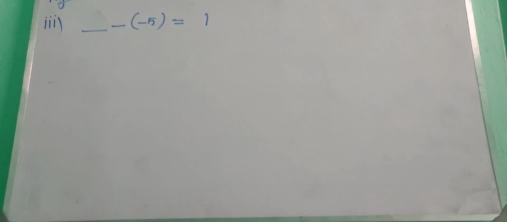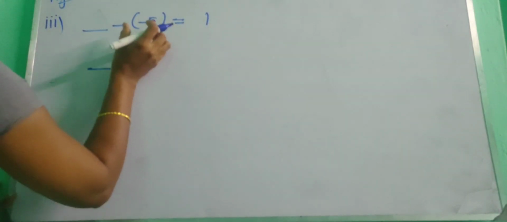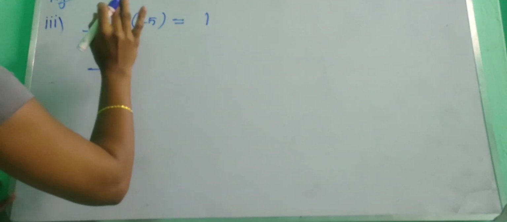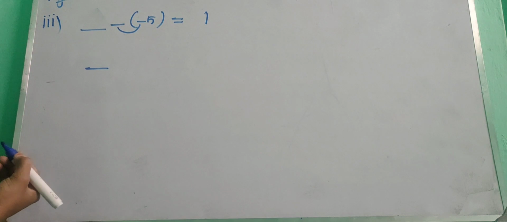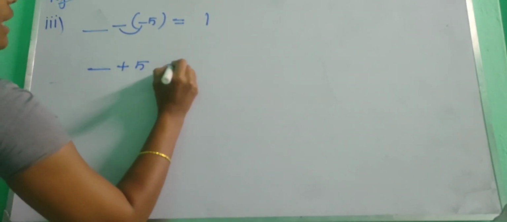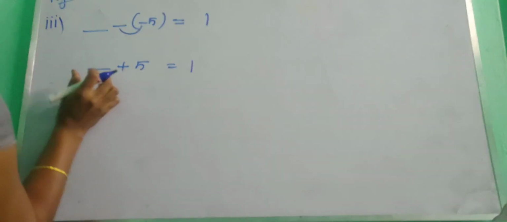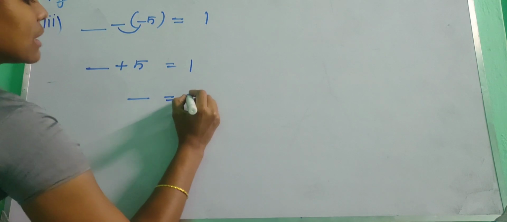See the third question: dash minus 5 equal to 1. Just keep the dash on one side and bring the numbers to the other side. Consider this minus into minus as plus, right? So here itself we are getting plus: dash plus 5 equal to 1. Just move this 5 to the other side.